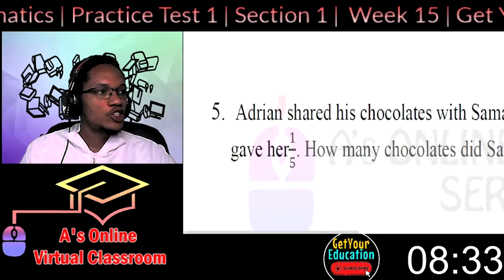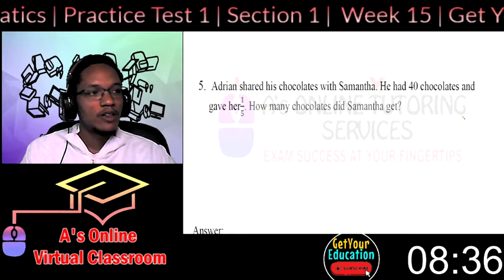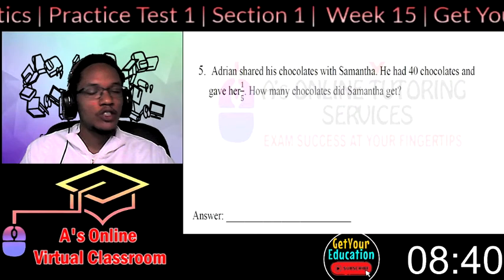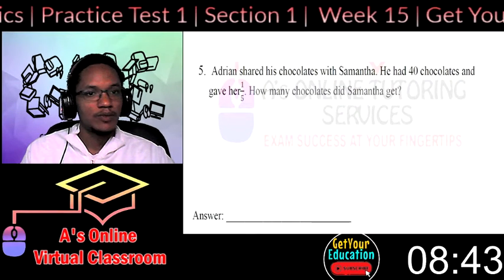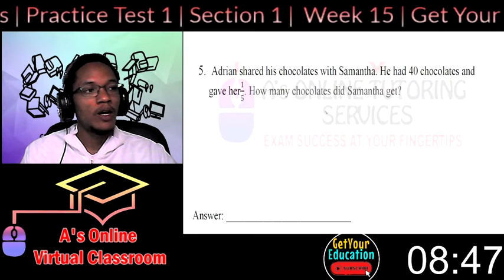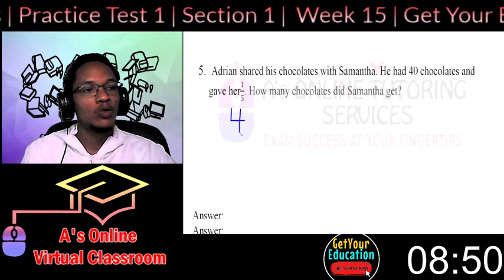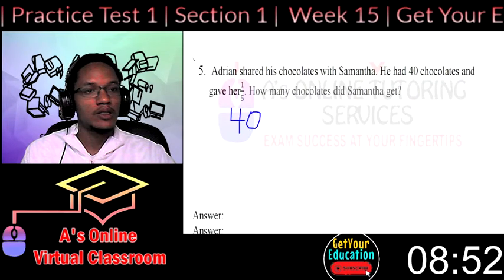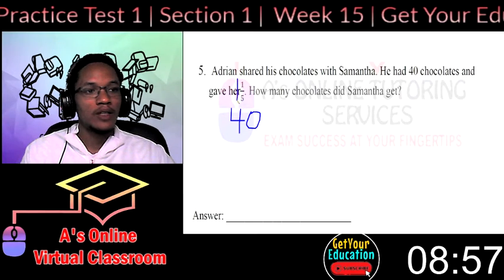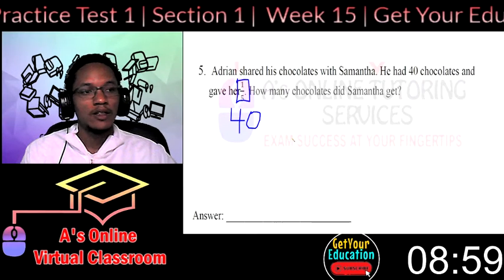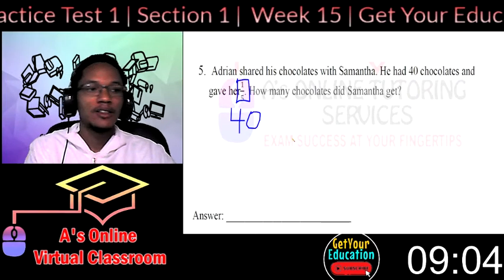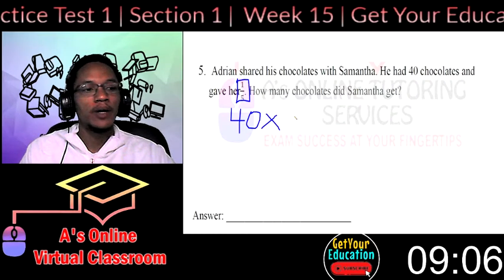Adrian shared his chocolates with Samantha. He had 40 chocolates and gave her 1/5. How many chocolates did Samantha get? Alright, so anytime we have a total or a whole number, in this case we have 40, and they want us to find out what is a fraction of that, a part of that, a piece of that, we have to multiply by the fraction.